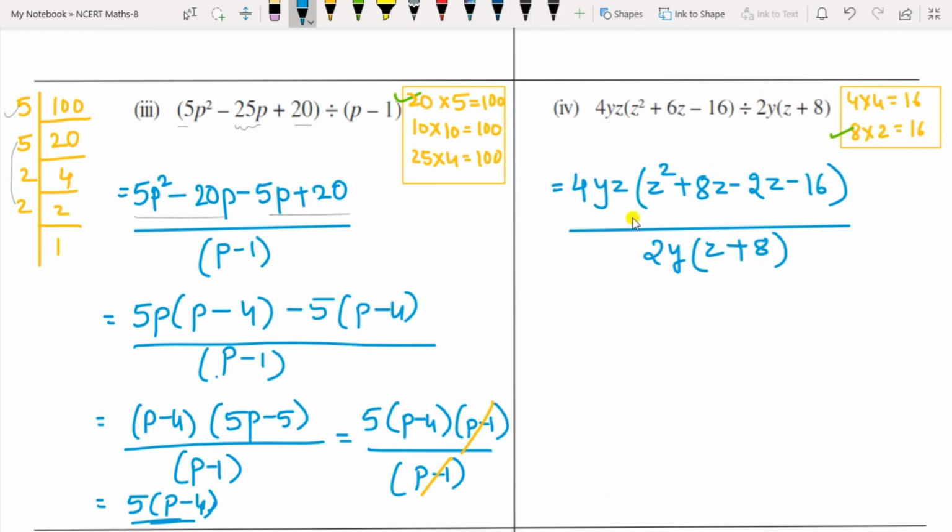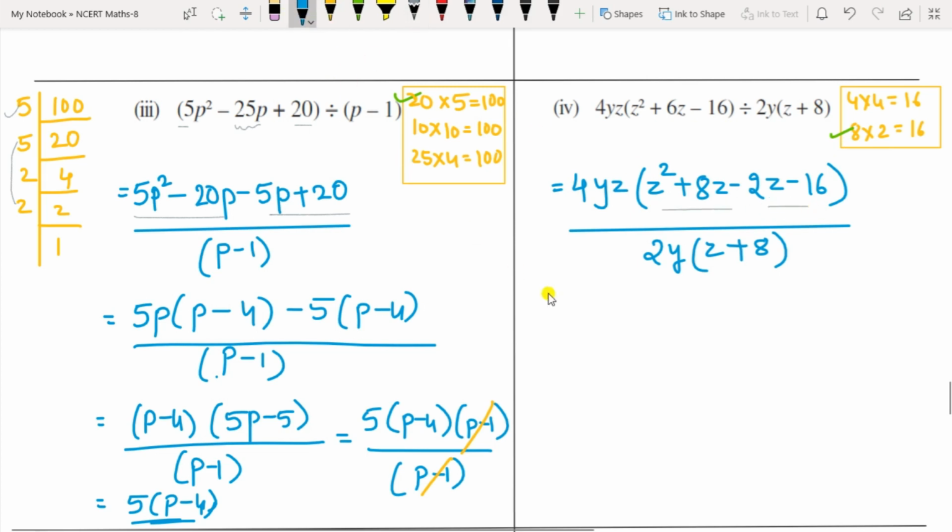Now this one, same thing. 1 16s is 16. It is 4 4s are 16 and 8 2s are also 16. But you require 6 as the middle term. So we can take 8 and 2. Now since this is plus, 8 should be plus here. So now take out common from these 2 and these 2.